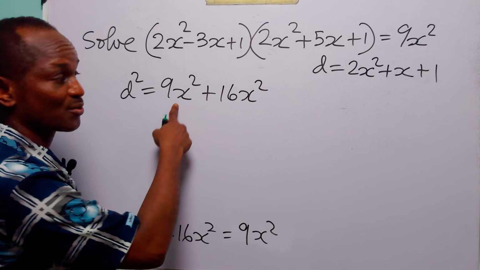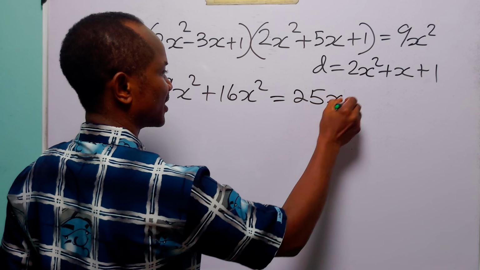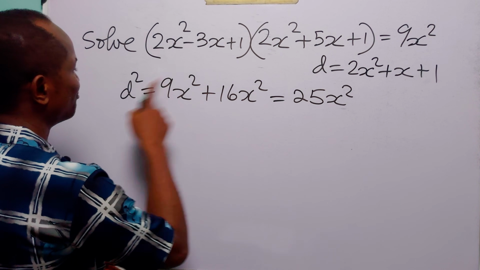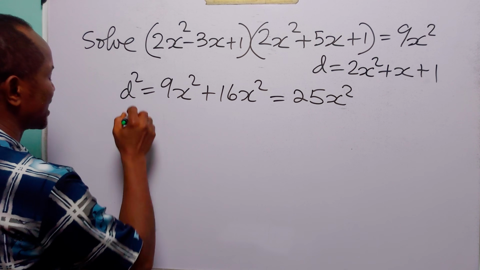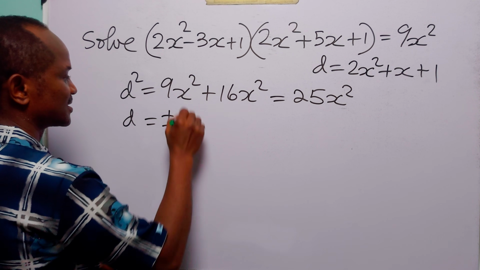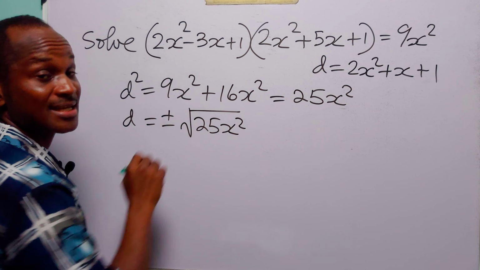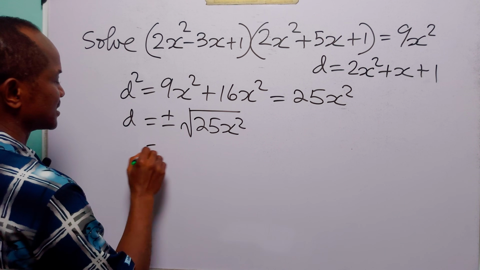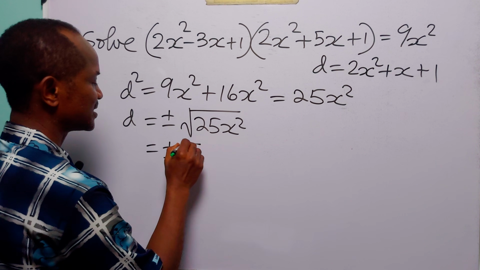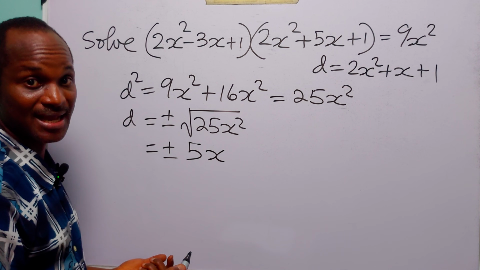Of course, 9x squared plus 16x squared is equal to 25x squared. And taking the square root of both sides of this equation, we have that D is equal to plus or minus the square root of 25x squared. Now this is equal to plus or minus 5x, since the square root of 25 is 5, and the square root of x squared is x.